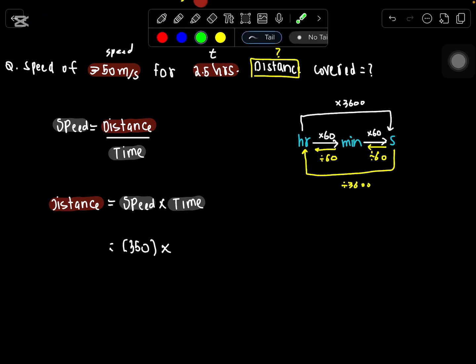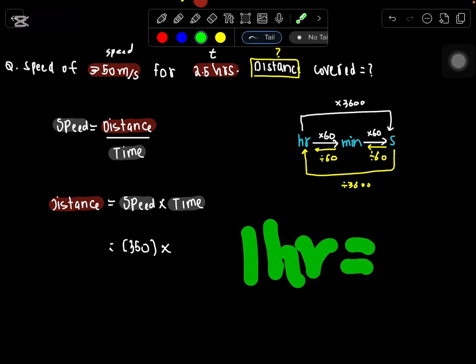Now, you might ask, how do I remember whether to multiply or divide? The easiest way is to think about these operations. When you multiply something, the number gets bigger, right? And when you divide something, it gets smaller. We know that an hour has a lot of seconds, right? 3,600 seconds.